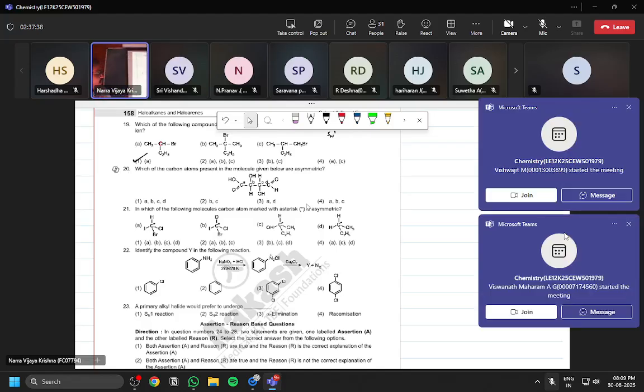So answer is B and C. Next one. In which of the following molecules carbon atom marked with star is asymmetric? Means which is chiral carbon? A is correct. B is also chiral. C also chiral. C is not chiral because both hydrogens. So answer A, B, C.